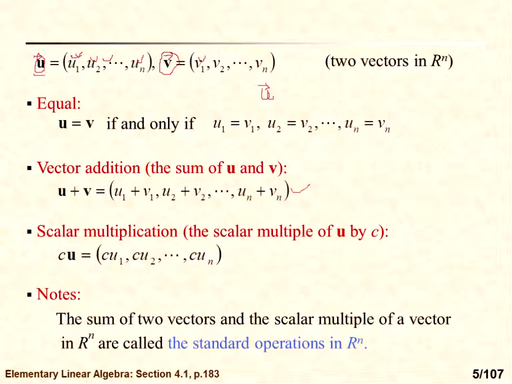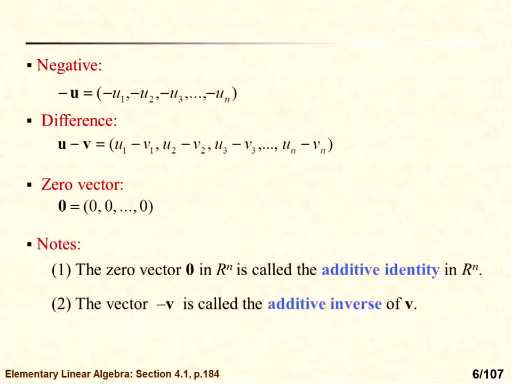The sum of two vectors and the scalar multiple of a vector in Rn are called the standard operations in Rn. Again, if we multiply with the constant -1, then -1 times u is minus u1, minus u2, up to minus un.